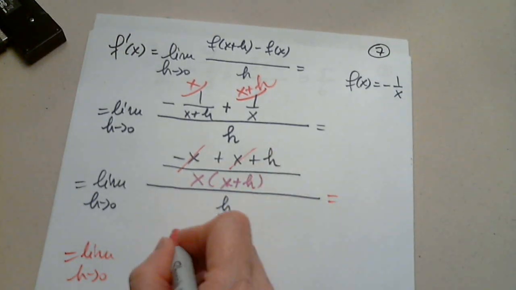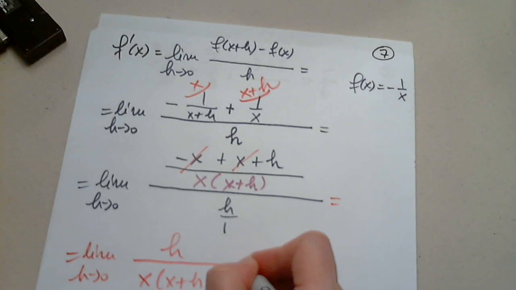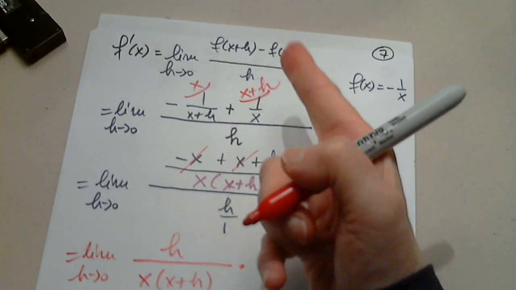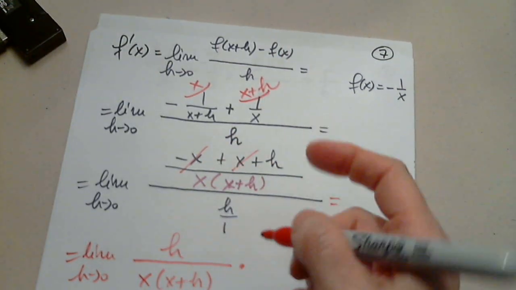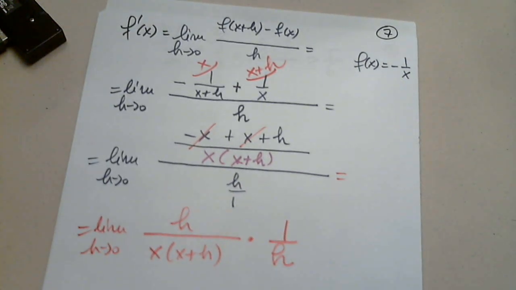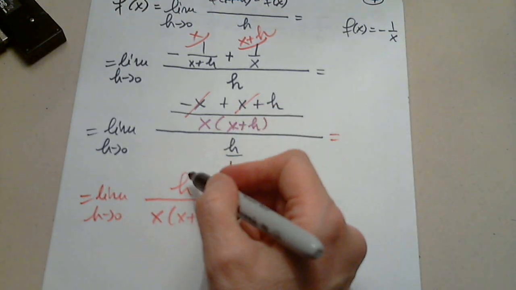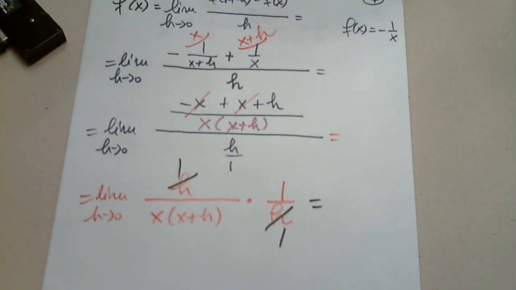The numerator is h over x times x plus h, times, I'm dividing by a fraction, times 1 over h. What is the second step that, if it does not happen, I say, oops, I cannot continue? What has to happen now? Now the h's have to cancel. Absolutely, yes, we simplify the h with the h.